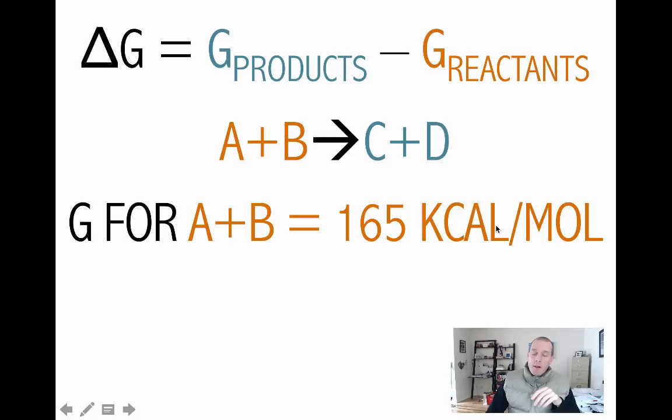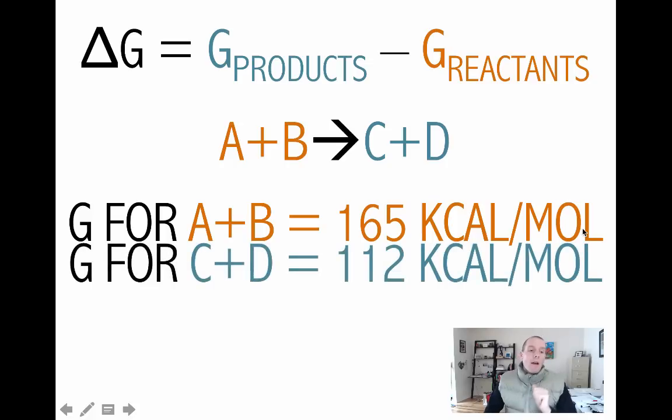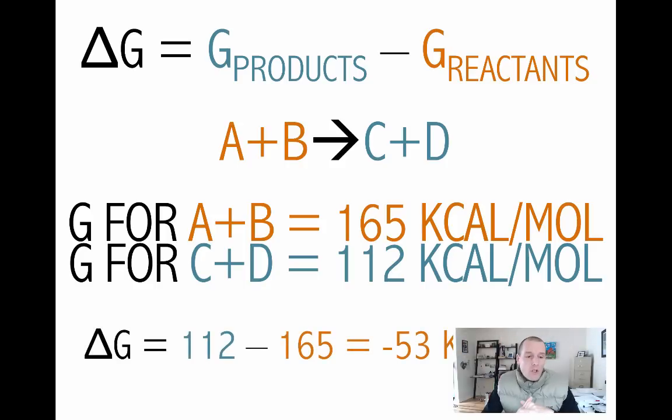It's an amount of energy, basically calories, in an amount of the substance, and here we're using a mole, which we talked about before. If we say that the G value for C plus D, the products, is 112 kilocalories per mole, then it's pretty easy to work out delta G, because it would be G in the products, which is 112, minus G in the reactants, which is 165, so we end up with 112 minus 165.